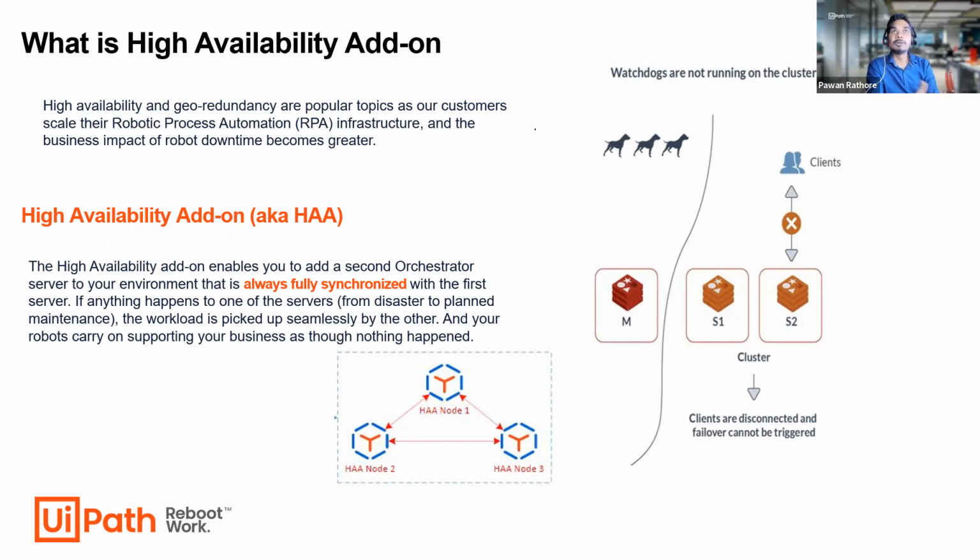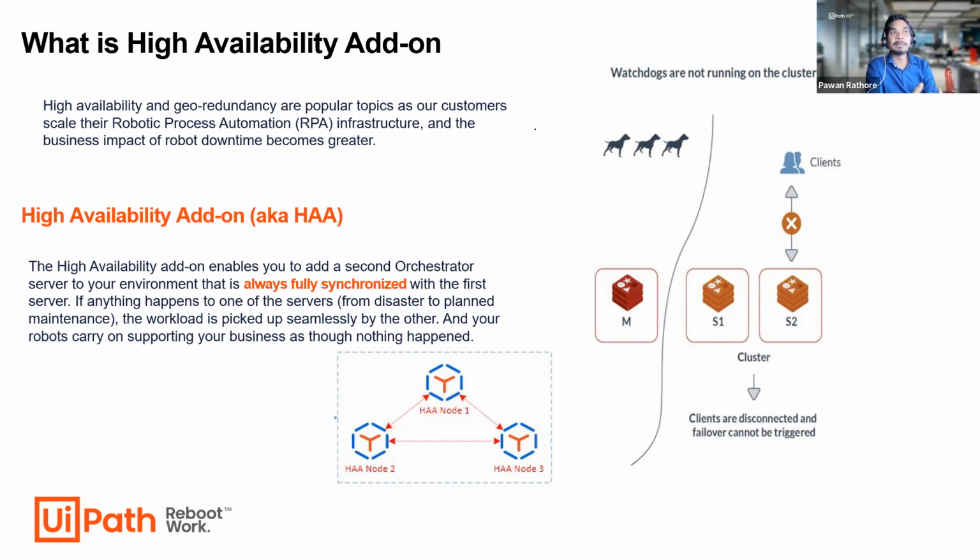Since it is in a cluster, if one node goes down, another node can behave as master and serve the requests of the existing orchestrator nodes. This is done by HA add-ons using the Gossip protocol, and it has watchdogs.